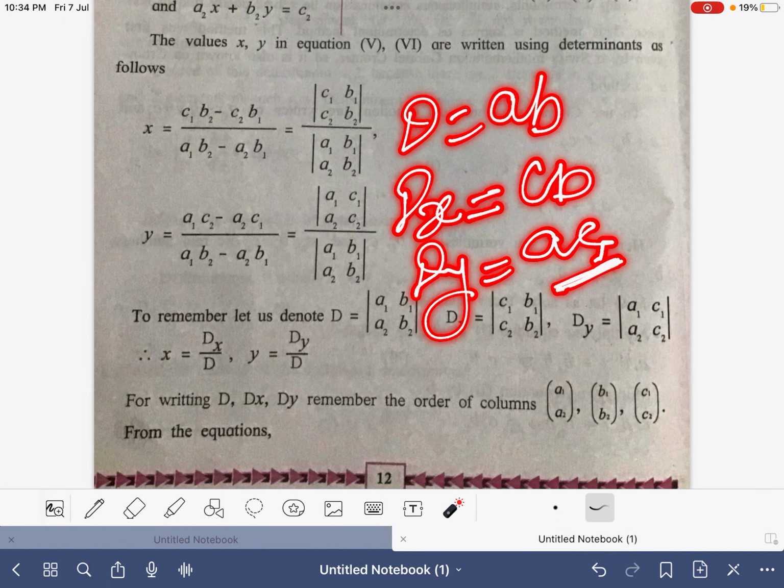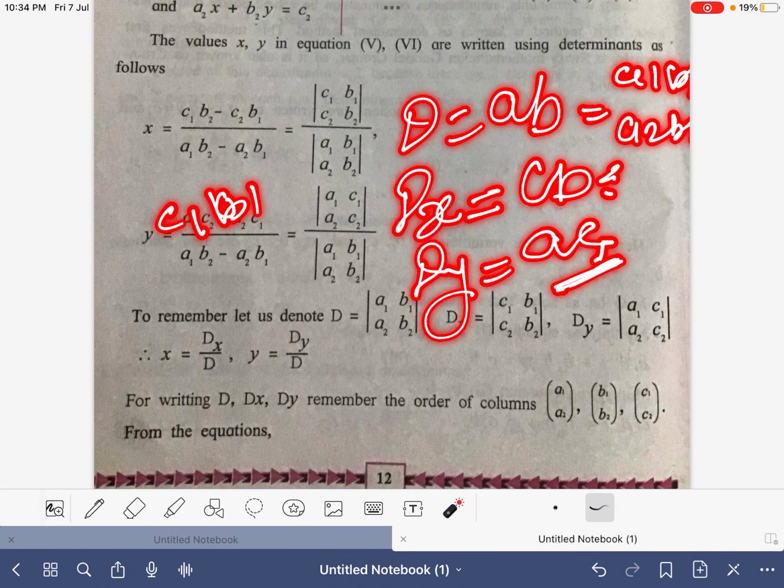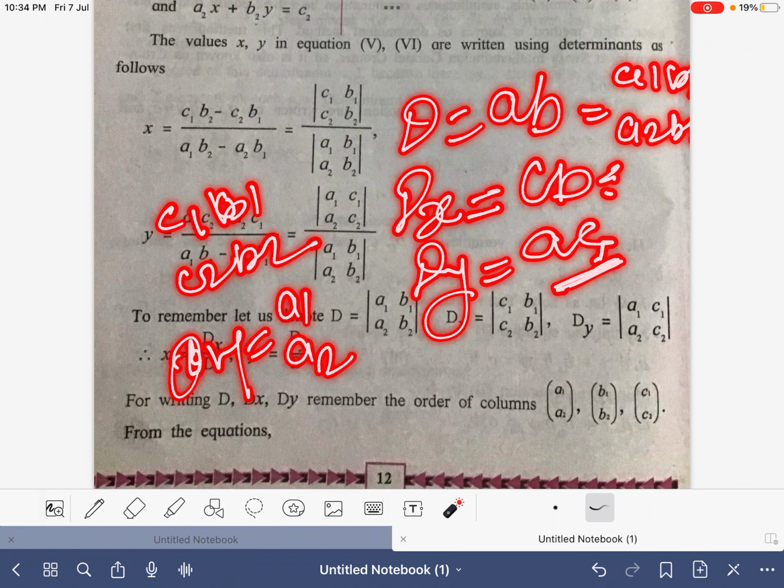Therefore, the determinant d is a1 b1 a2 b2. Similarly, dx is nothing but c1 b1 c2 b2, and dy is nothing but a1 a2 c1 c2.